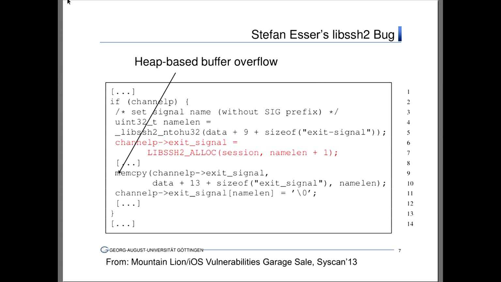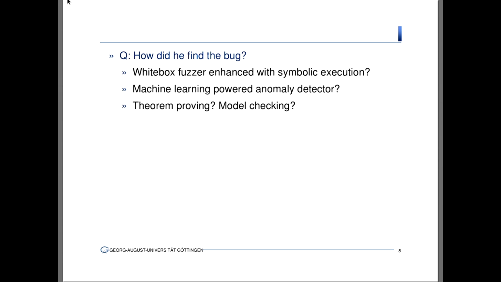Finally, there's a memcpy operation, and we copy into this buffer, which is close to 0 bytes, nameLen bytes, so that's about 4 gigabytes. So there's a typical heap-based buffer overflow.